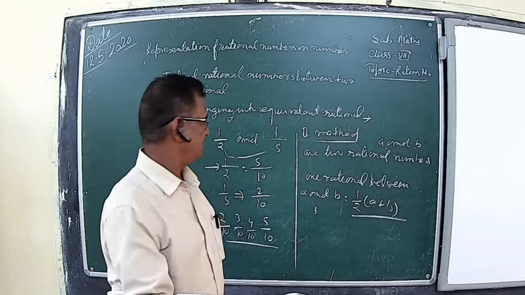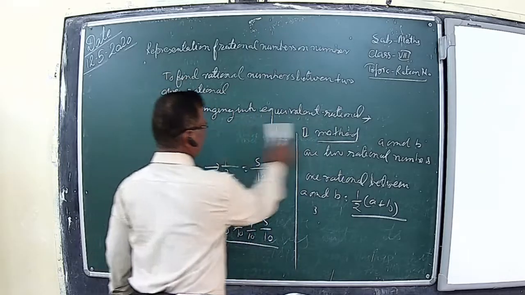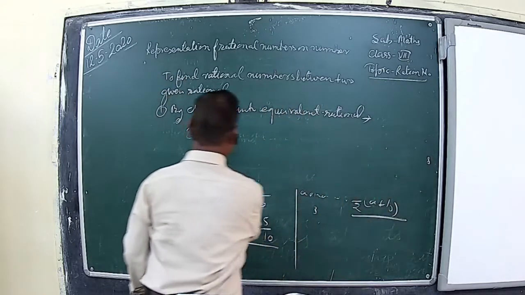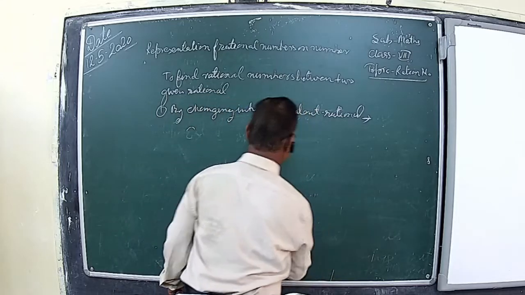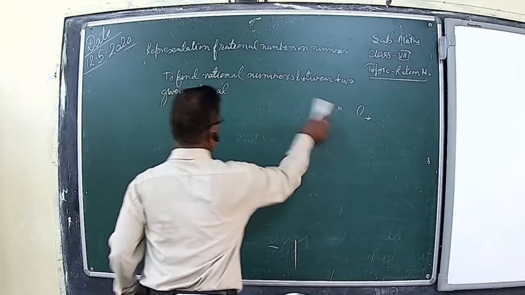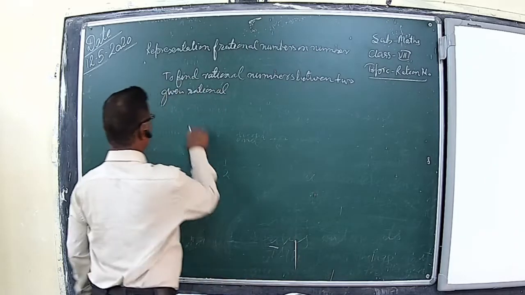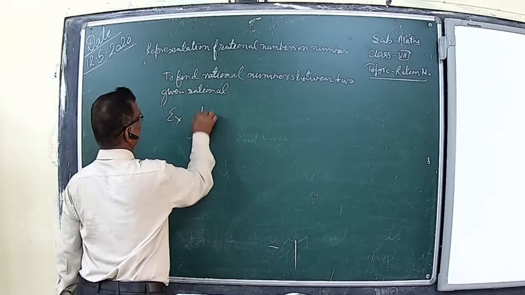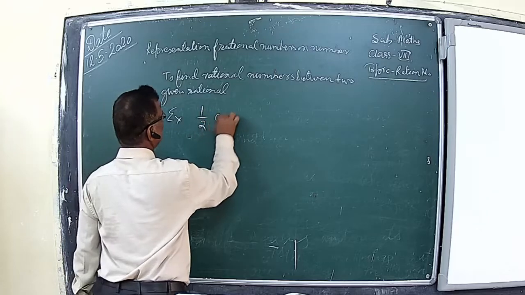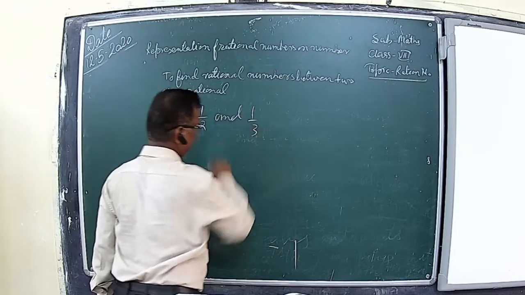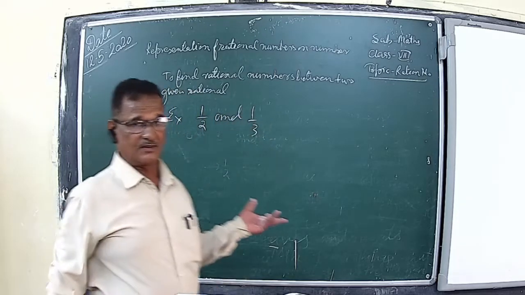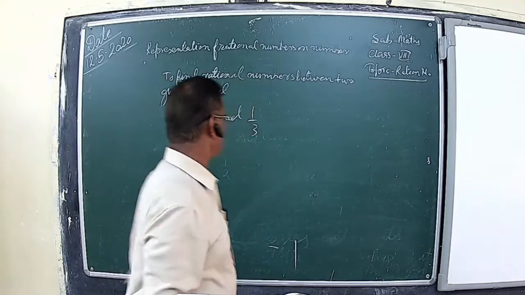For example, if you take two rational numbers 1 by 2 and 1 by 3, and you have to find a rational number between them, what do you do?